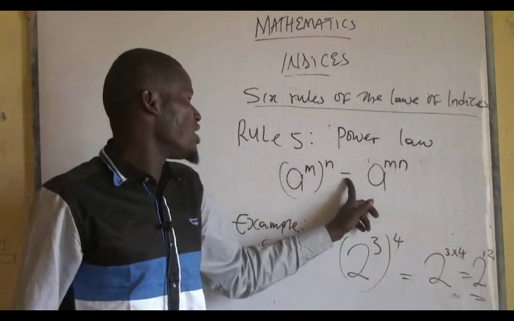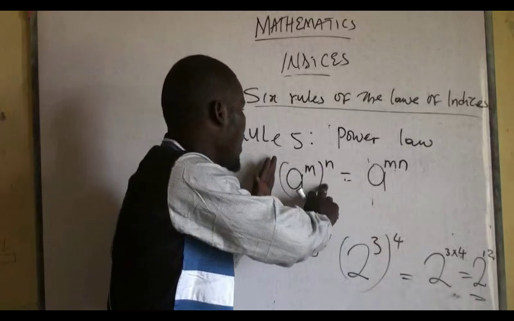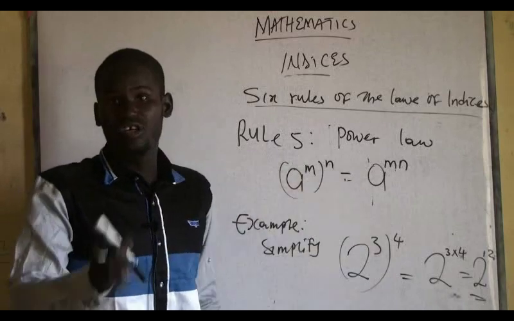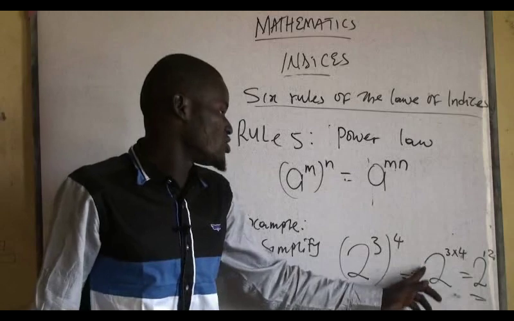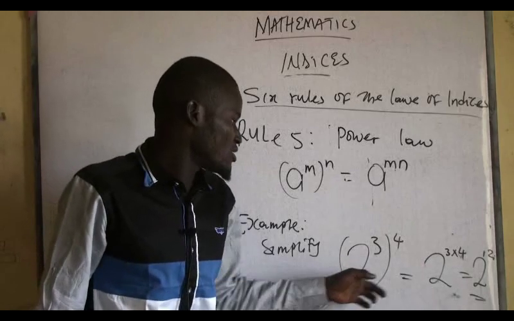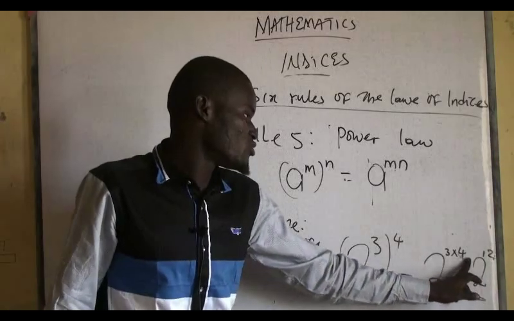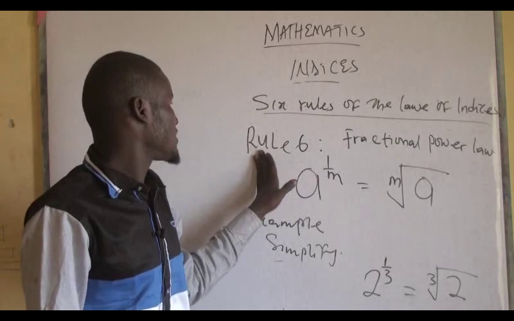So what does the power law say? It says if you have a power inside and there is another power outside, you are going to multiply the two powers. So here we are going to multiply 3 and 4. That is, we take the base first, then we multiply the powers. That is 3 times 4, it will give us 12, so 2 raised power of 12.